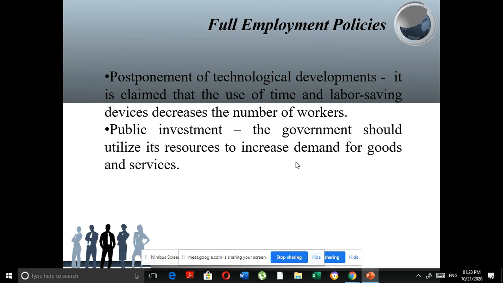So full employment could be, and it is normal, from 4-5%. If it is more, it's worse and worse.